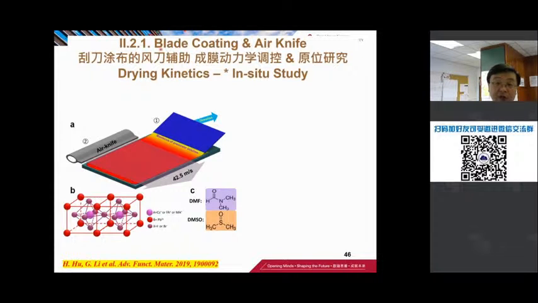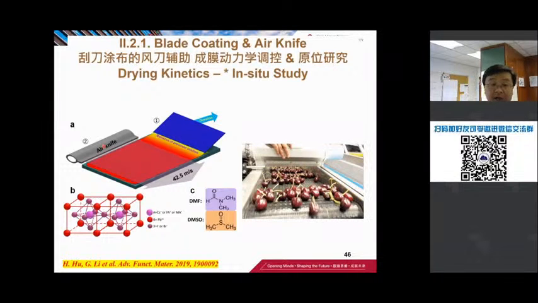With blade coating, we want to coat large area film. At the same time, I want to use an air knife. What we show is the air knife to study the drying kinetics. I show this one is horizontal, because it helped me to do the so-called in situ study.